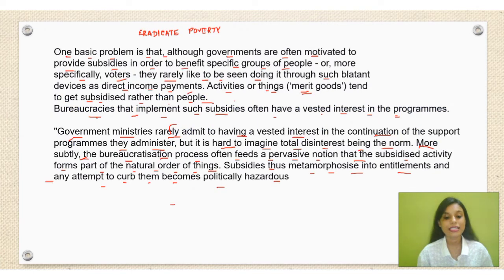You can obviously include details regarding how it is not eradicating poverty, how it is not helping with poverty, and you can also give a neutral point of view. You can either speak completely for how these subsidies are actually helping in eradicating poverty, or you can go totally against this, or you can also speak in a neutral way.